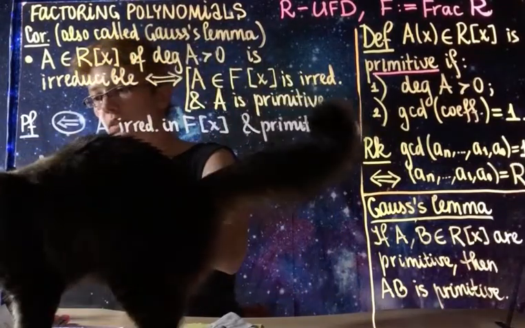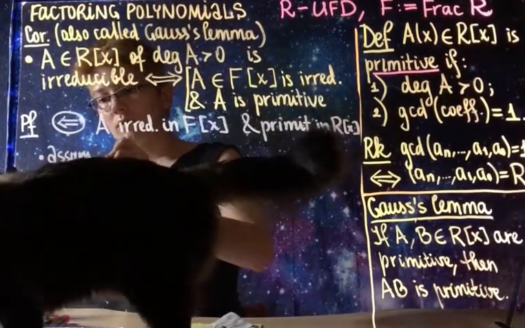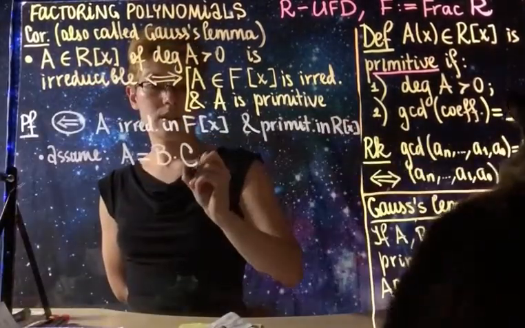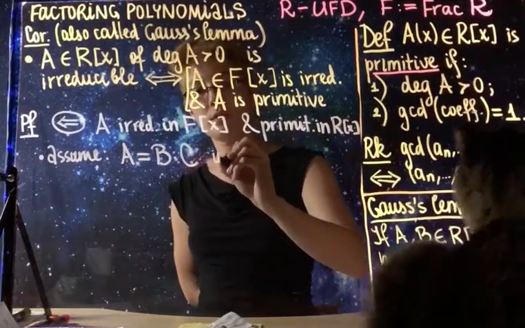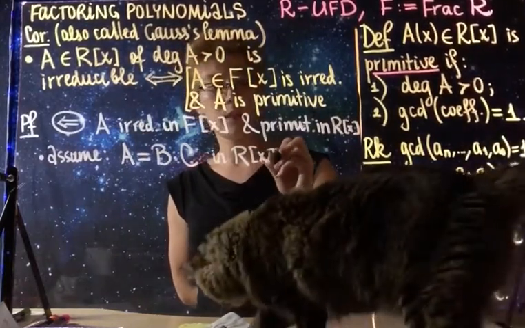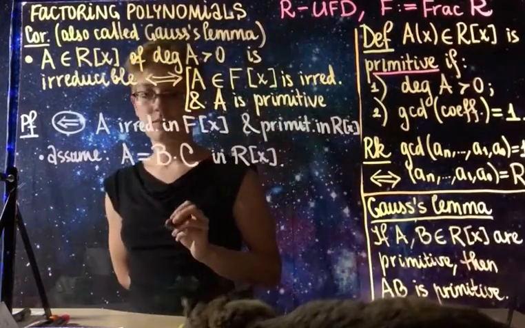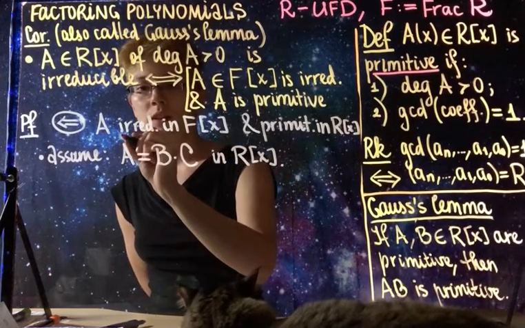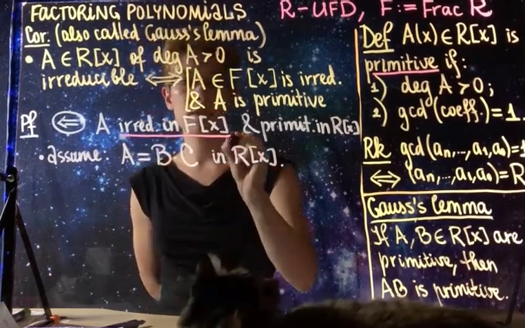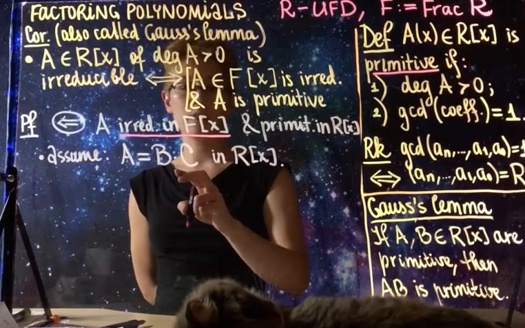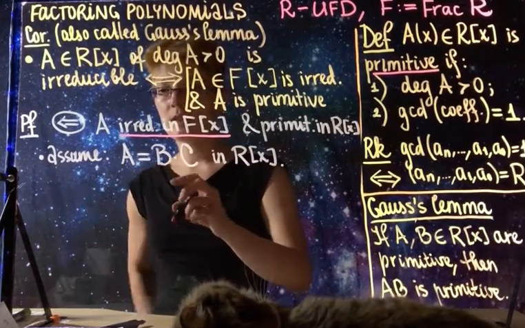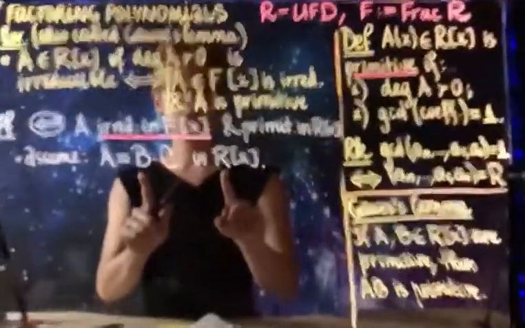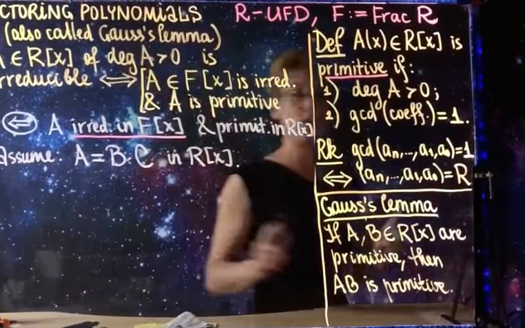And let us assume that A is factored as a product of two polynomials in R adjoint x. So because A is irreducible with coefficients in F, it in particular means that we cannot factor it as a product of two polynomials of positive degrees in R adjoint x.